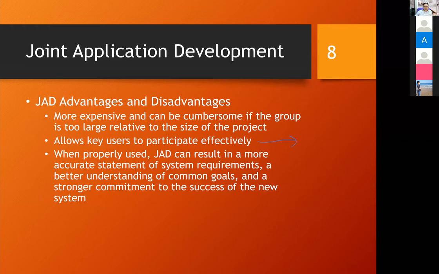They utilize their time to be with us. The next one: if you properly use JAD, it can result in a more accurate statement of system requirements, a better understanding of common goals, and a stronger commitment to the success of the new system, because everyone works together well, including management, key users, and IT people, and we work closely.